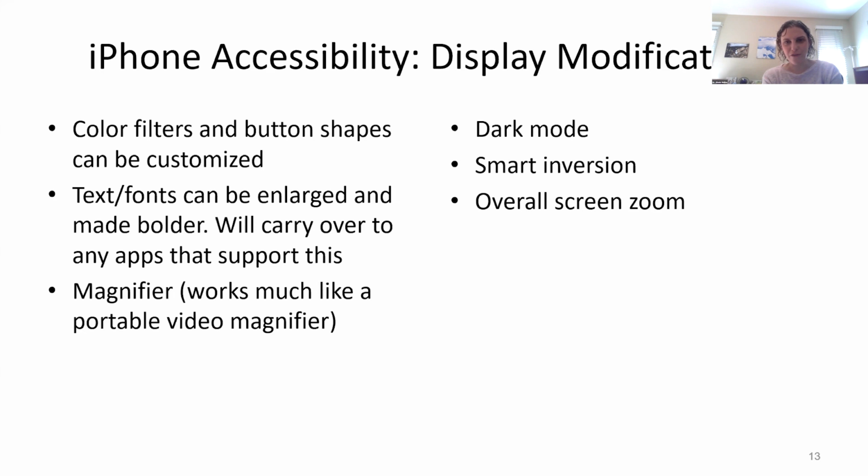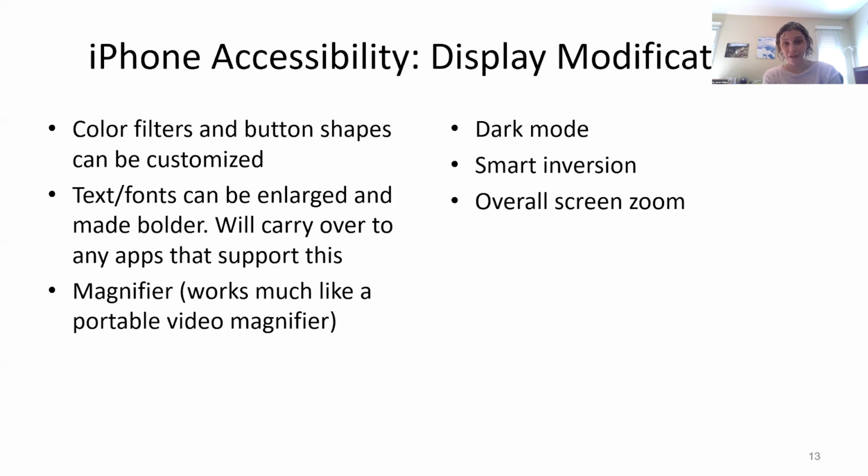They have smart inversion instead of just general inversion. And this, I think, is a really, really good feature. Like I mentioned with Android, this is one of the few places that I actually see a difference, is the smart inversion. So the iPhone will interpret images, and so it will not invert the pictures.